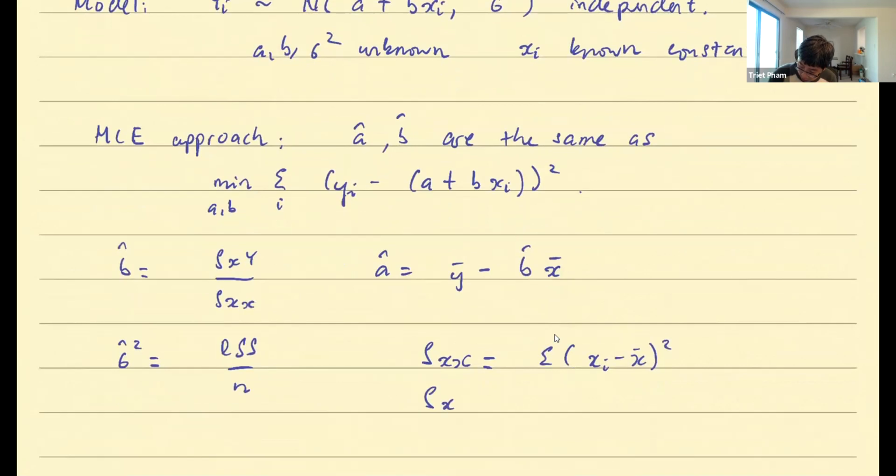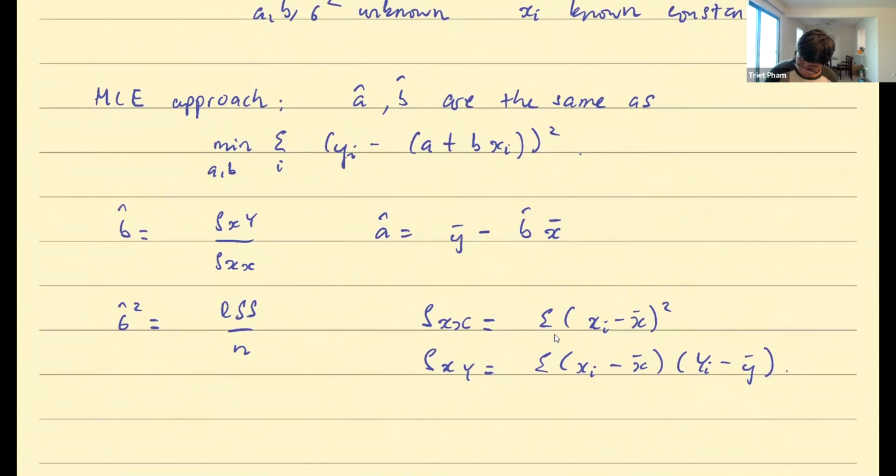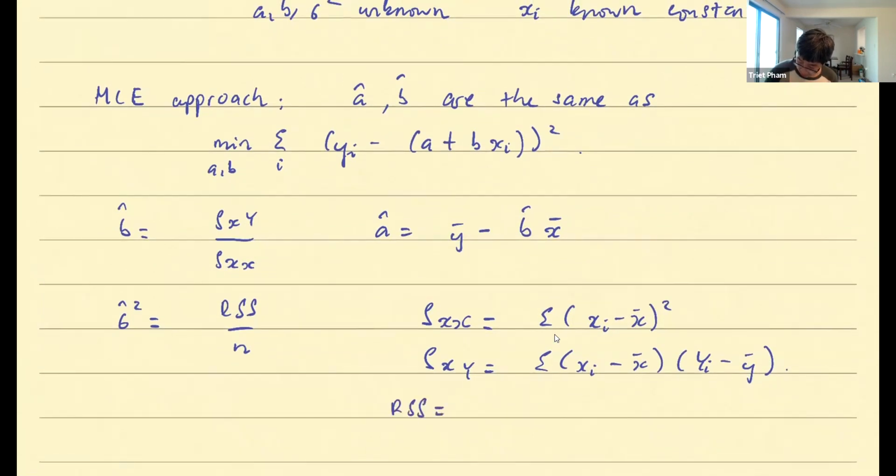Sxy is the sum of xi minus x bar, yi minus y bar. It's the covariation. And you can have Syy in here too, which we don't use. And RSS is the residual sum of squares, which is the sum of yi minus a hat plus b hat xi, squared. Okay. So these are the MLE estimators that we get after we solve this equation.